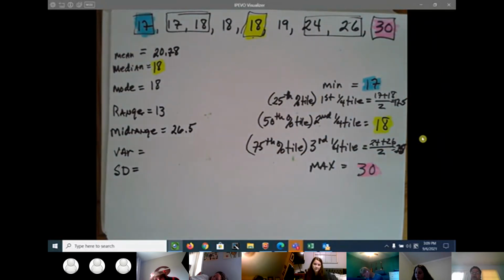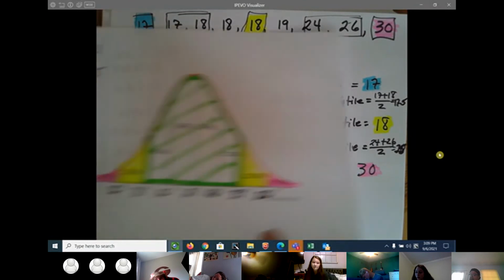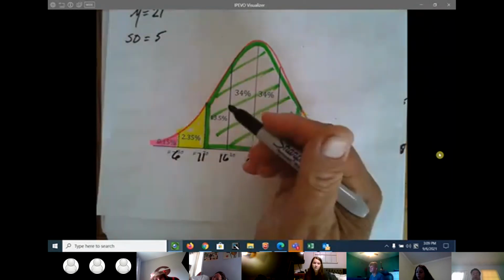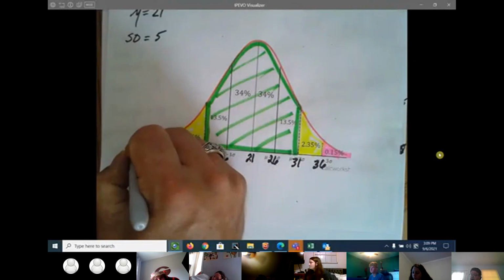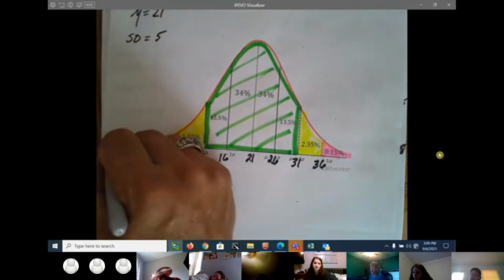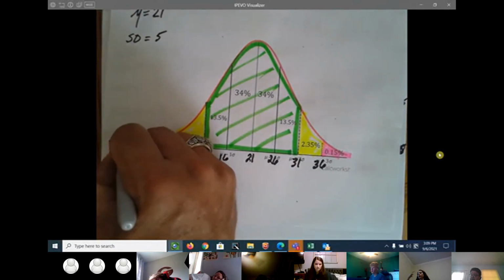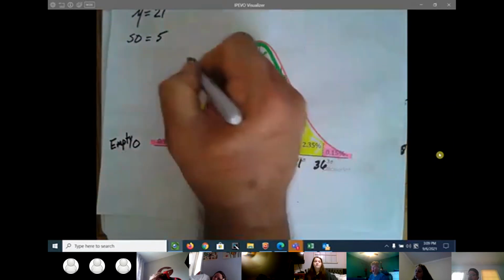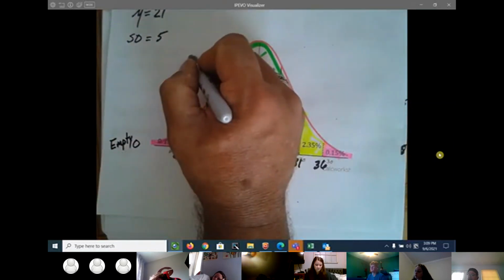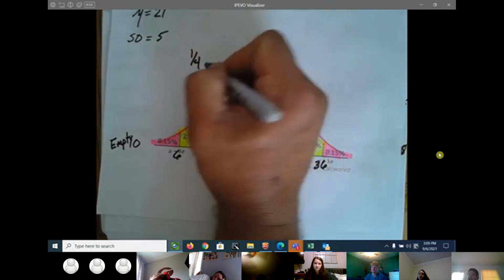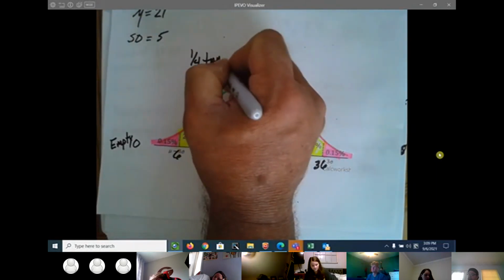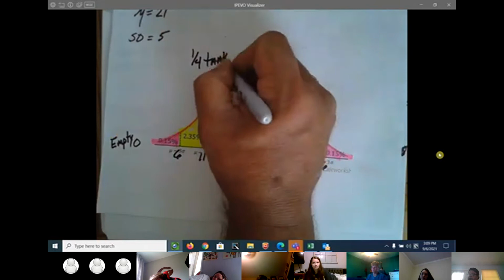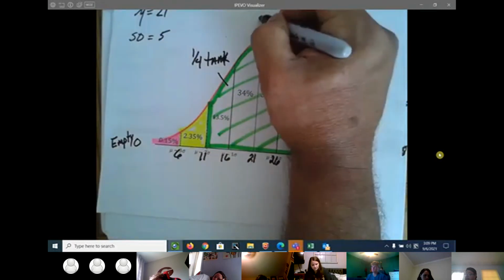It's like reading a fuel gauge. 0 is empty. And what about right there? That's 25%, a quarter of a tank. What's in the middle? Half a tank.